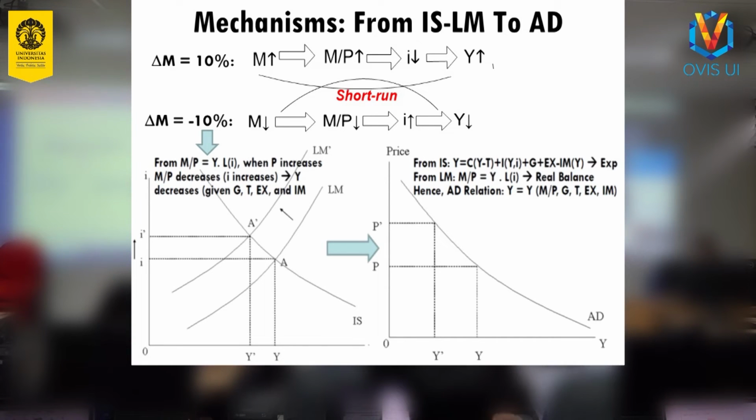So, essentially, from IS, you generate the Y side here, the X-axis side. From the LM curve, you generate the relation between Y and I here, the interest rate. And then when you combine the two, you generate the relationship between price and output, which is the aggregate demand.